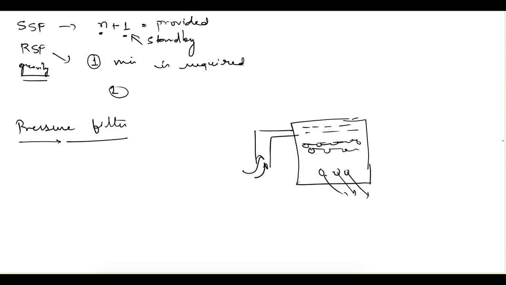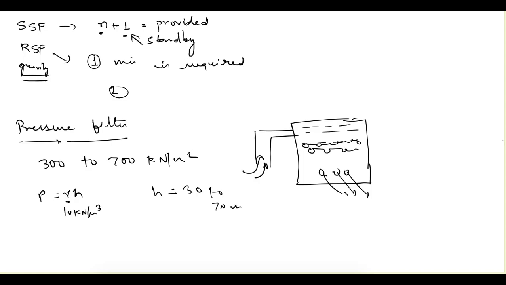The pressure at which they work is between 300 to 700 kilonewtons per meter square. Now if you want to convert this pressure into height, P is equal to gamma into H, and let's take the unit weight of water as 10 kilonewton per meter cube. So H would be equal to 30 to 70 meter.